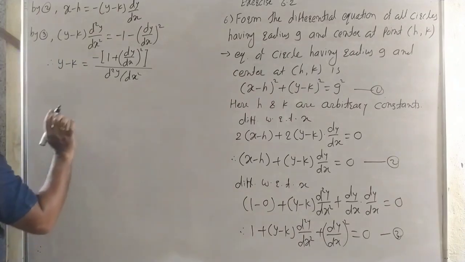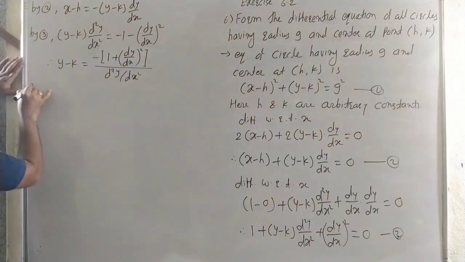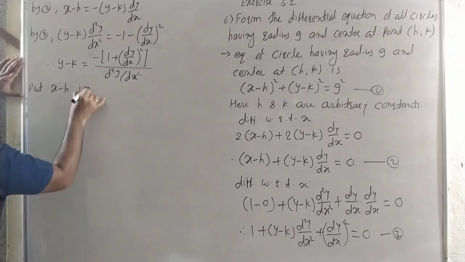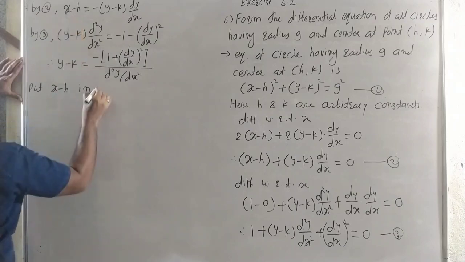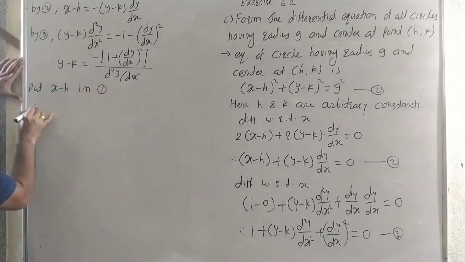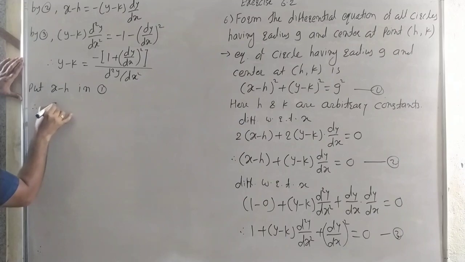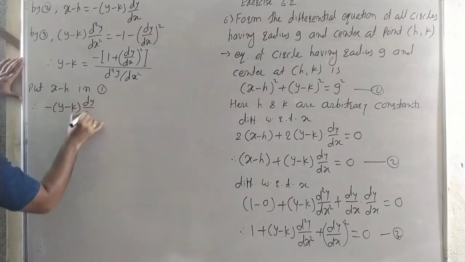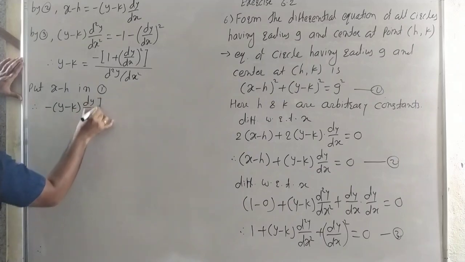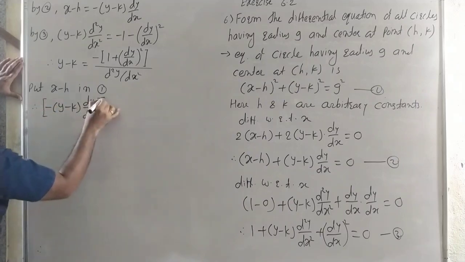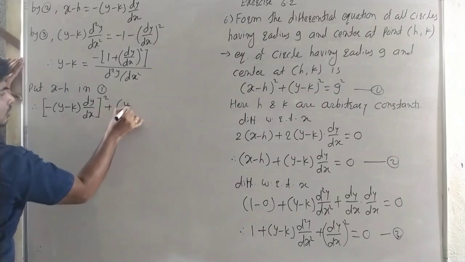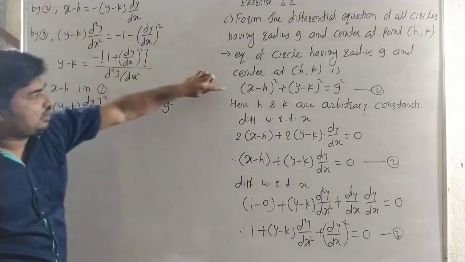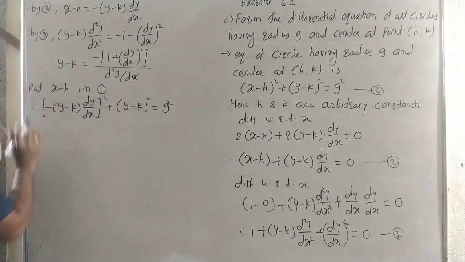Okay, here we put the values one by one. Put x − h in equation number 1. Therefore we get (−(y − k) dy/dx) whole square plus (y − k) whole square is equal to 9². Here it is equation number 1; only we put the value of x − h.